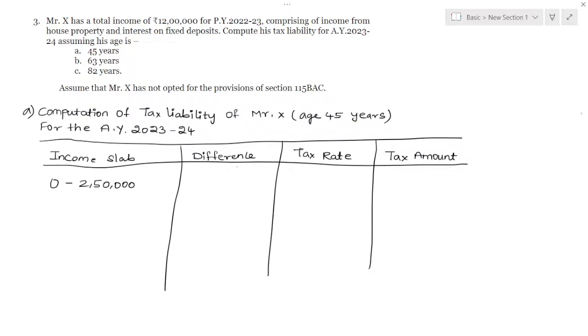What is the difference? 2,50,000 is the difference. Then what is the tax rate? Nil. No rate. Tax rate is nil. And what is the tax amount? Obviously it would be nil. So let's write down nil.